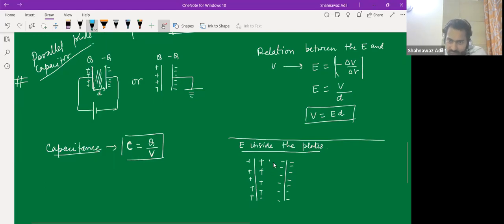So we have this electric field, and this electric field, and this electric field.